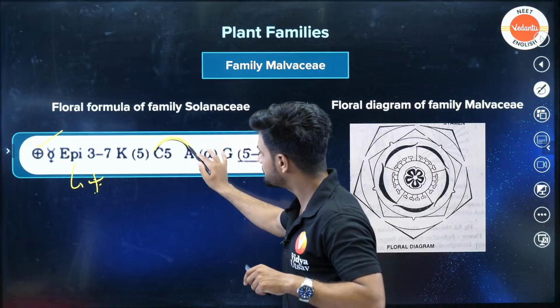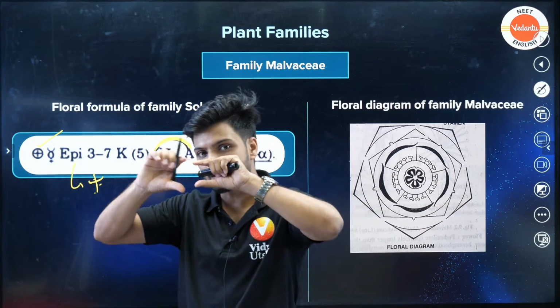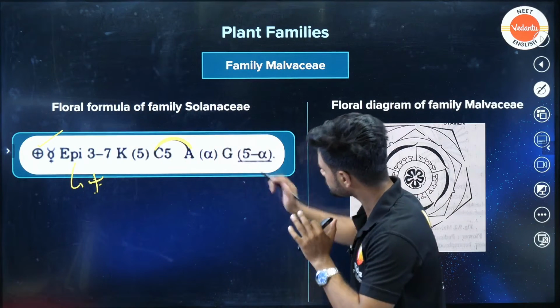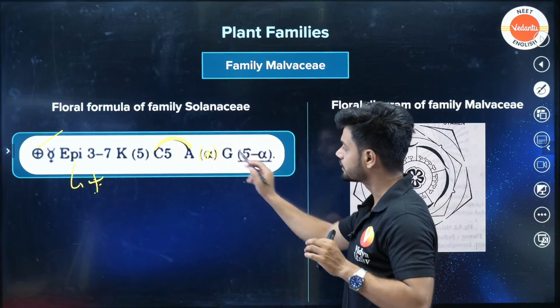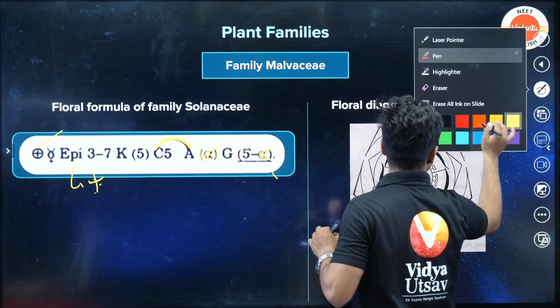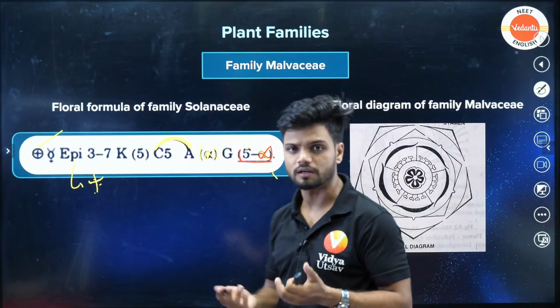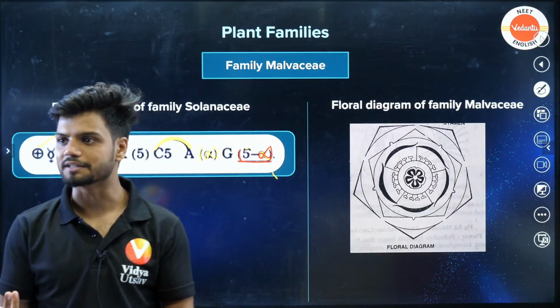This is your epipetalous condition. Remember, I told you, the staminal tube is attached to your petals. Androecium again, infinity androecium. Gynoecium, 5 to infinity again. So with the help of the floral formula also you can remember: ovary superior, carpels 5 to infinity.